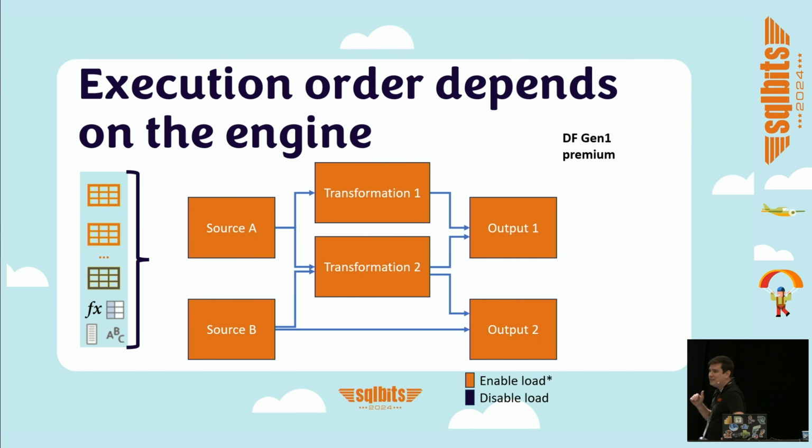But if you have Dataflow Gen 1 with premium, I tell this by experience, just enable load for them all. With one exception: if your source has complex types like table or list or record, it won't work.